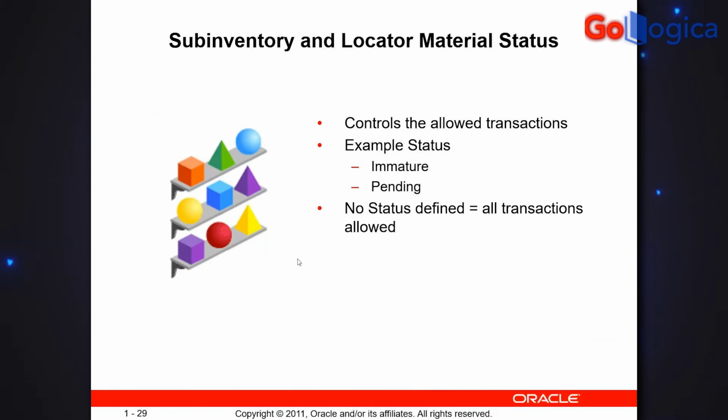And if you want to restrict some transactions from that subinventory, you can directly go to that particular setup and disallow the transaction. For example, some of the subinventories you don't want to be picked, so you can disallow that, and it won't be eligible for picking anymore.